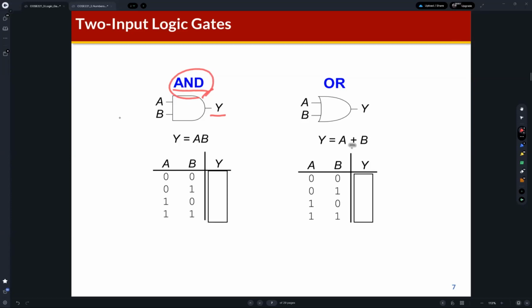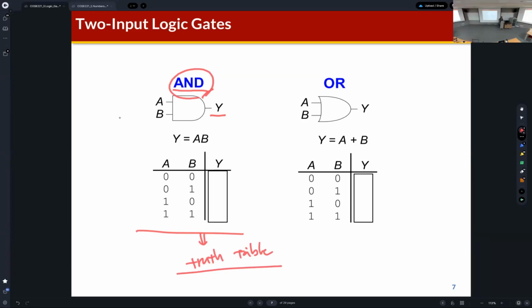Then, I said that you need to memorize the definition. This table is called a truth table. In a truth table, we just list all the available input bit signals.